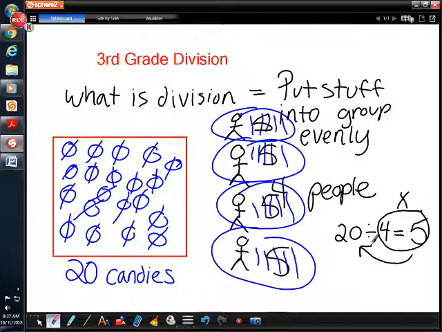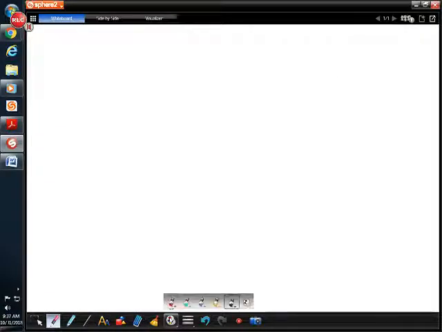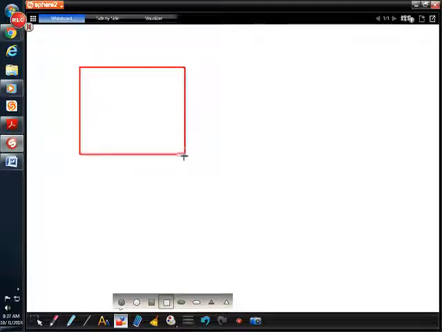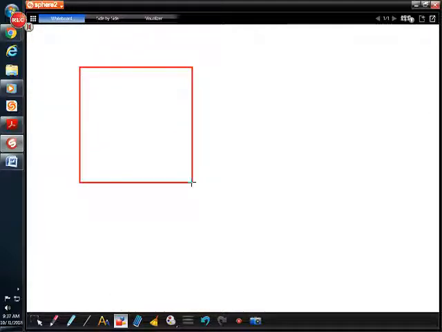Now let's do one without so many pictures. Still going to draw some stuff, but I'm not going to go crazy with the pictures. And I'm not going to do that where he gets 1, he gets 1, because that takes too long. Okay, we don't want to do that. Imagine if you had a big number. So same scenario. Let's say this is a little pond, okay, with little froggy friends in it.